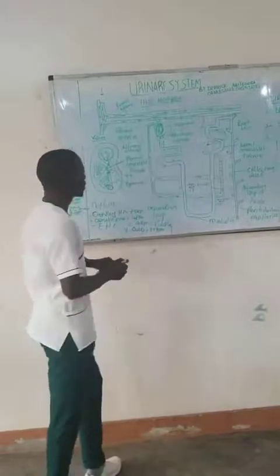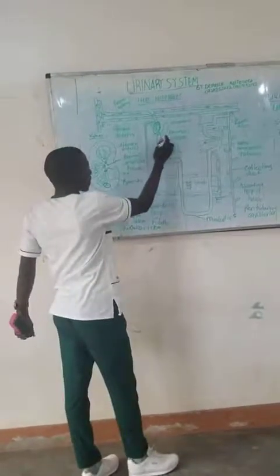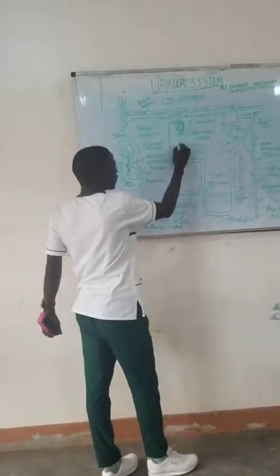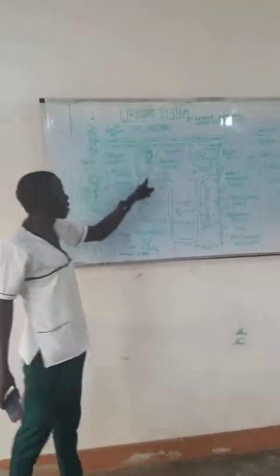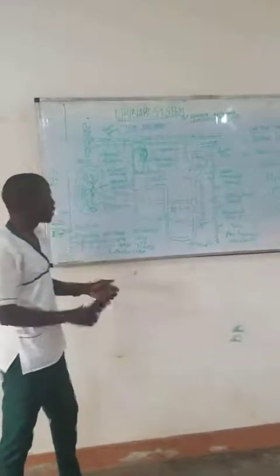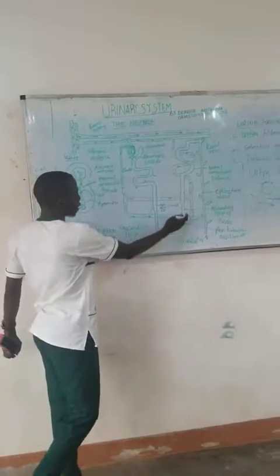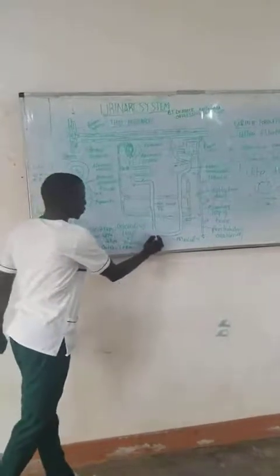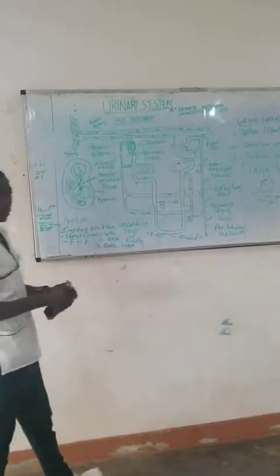Now, by the time the filtrate reaches the proximal convoluted tubule, it is 60 to 70% of the original blood; 60% is remaining. By the time we reach the descending loop of Henle, 15-20% of it is already reabsorbed.